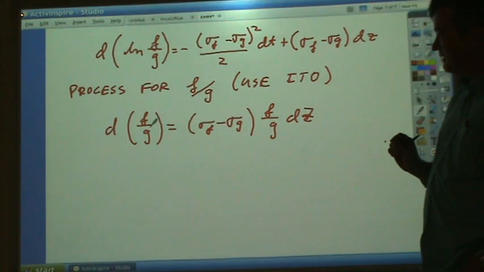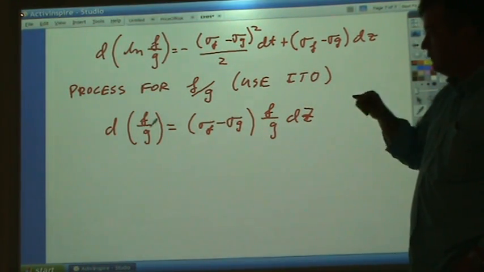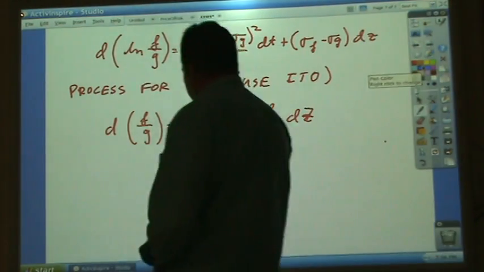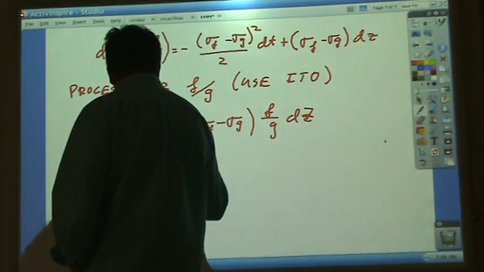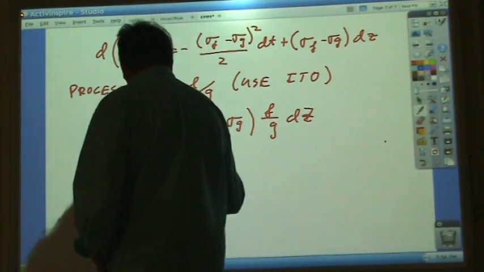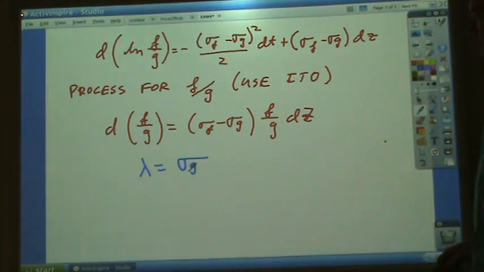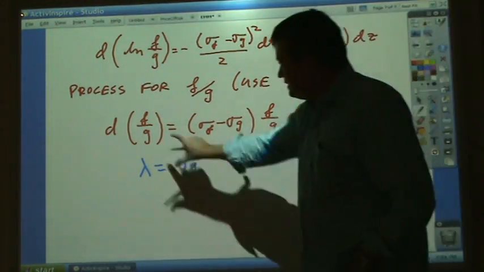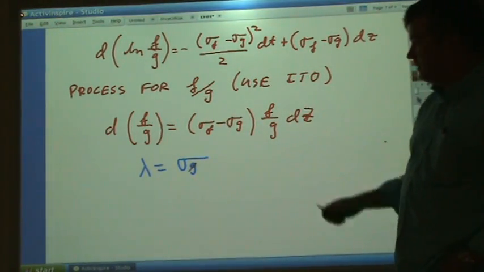But that is under the assumption that we had to use lambda equaling the volatility of the denominator, the numeraire term. With that lambda, this ends up being the equation, and therefore has no drift, and therefore it's a martingale.